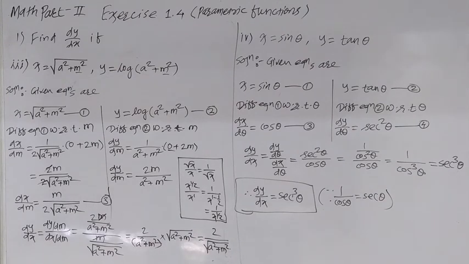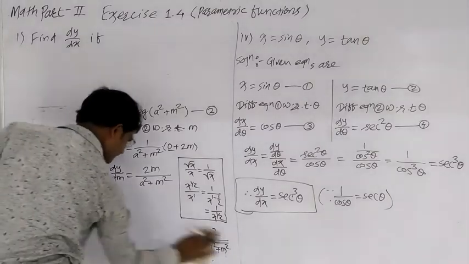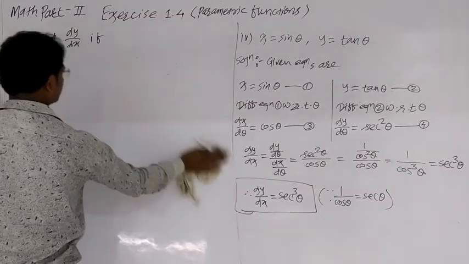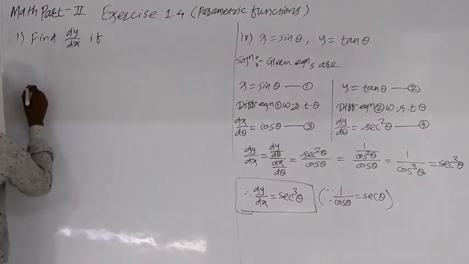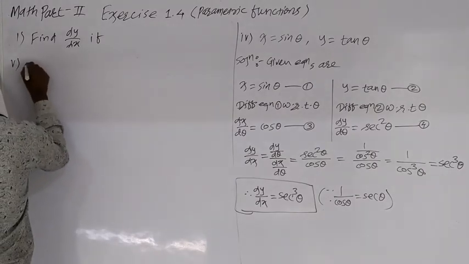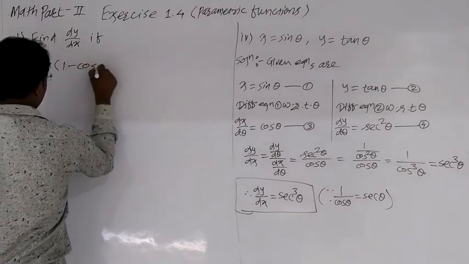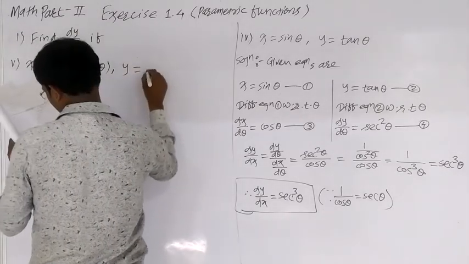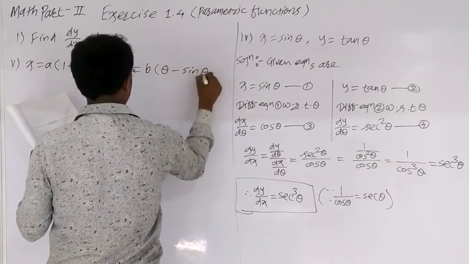Now next problem number 5. The problem is x is equal to a into 1 minus cos theta, y is equal to b into theta minus sin theta.